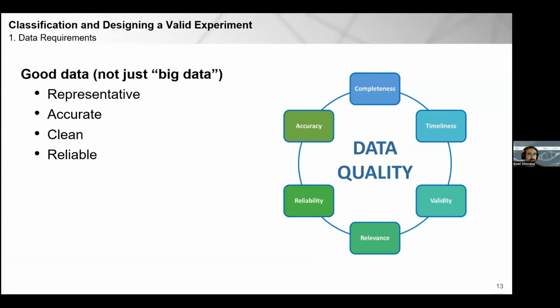So data quality is actually one of the most important factors when we're talking about making a machine learning experiment successful. The old adage, which probably many of you are familiar with from your statistics lectures at some point, is garbage in, garbage out.